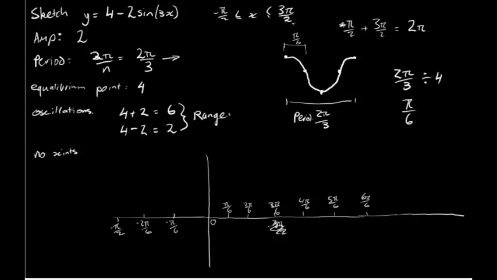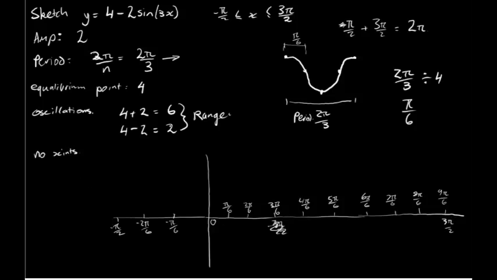We want 3 pi on 2, so that's going to be up to 9 pi on 6, which is the same as 3 pi on 2. So we go from minus a half pi to 3 halves pi.